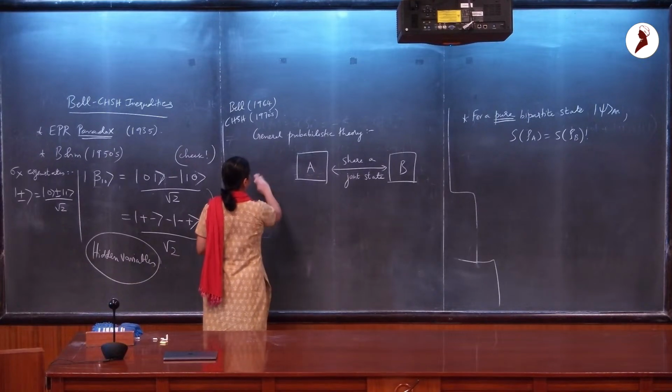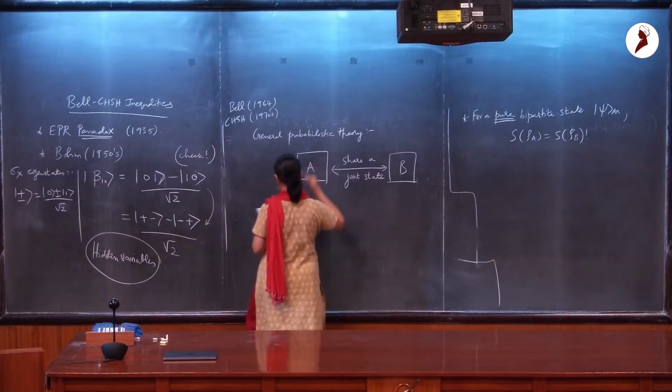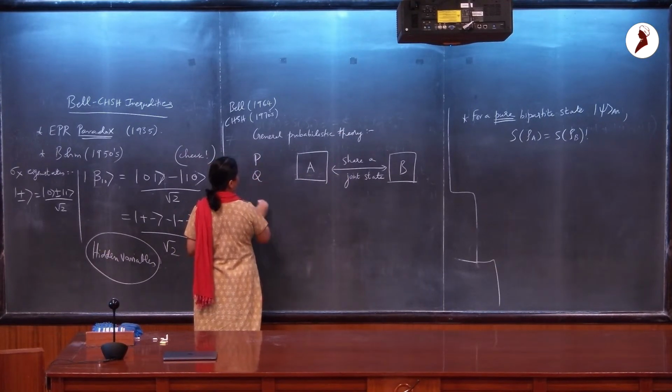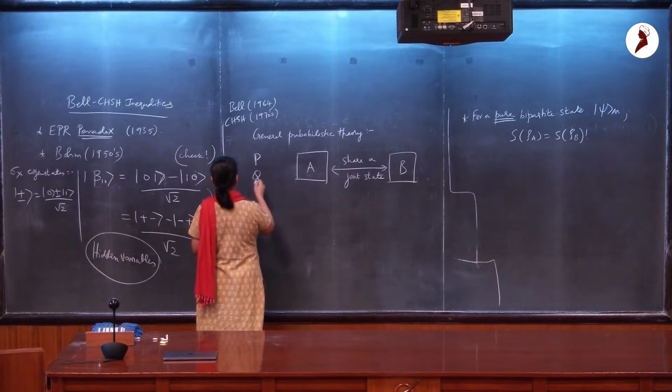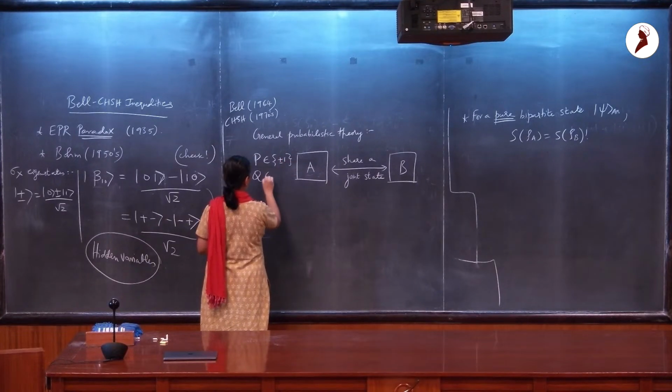Now, what do I mean by saying that this is a probabilistic theory? I think of observables in this theory as random variables which can take one of two values.